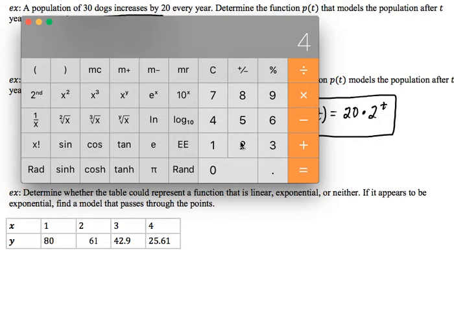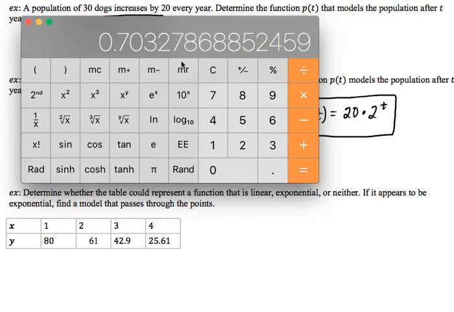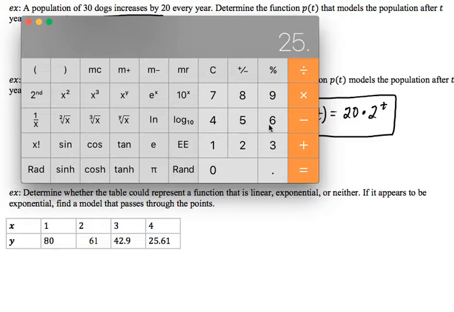So I'm going to do 42.9 divided by 61. Okay, it's not exactly the same. Kind of close, but not exactly. And then 25.61 divided by 42.9. Can't seem to do it.